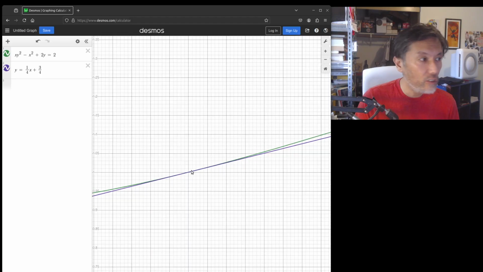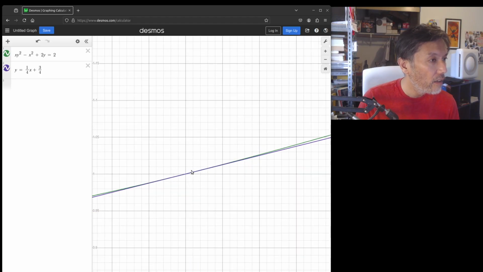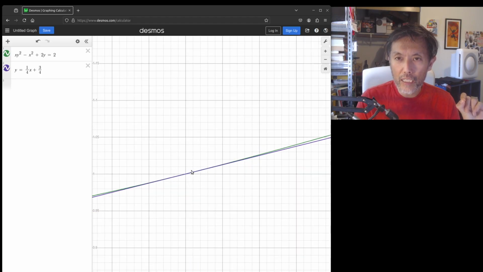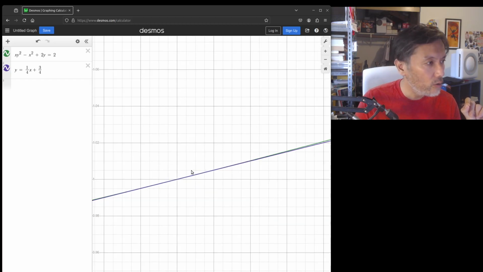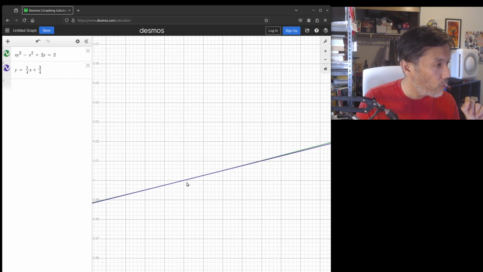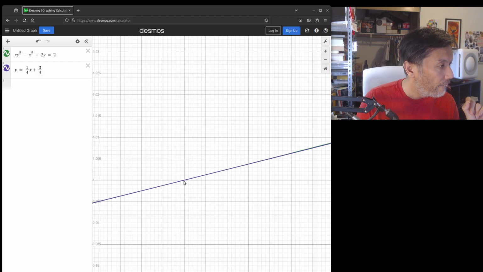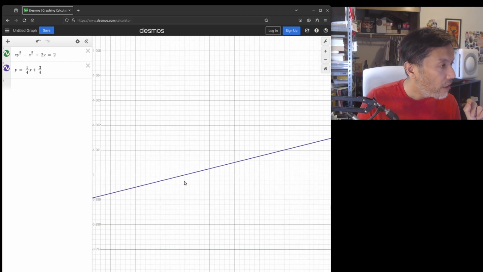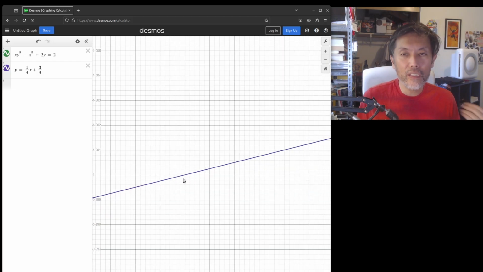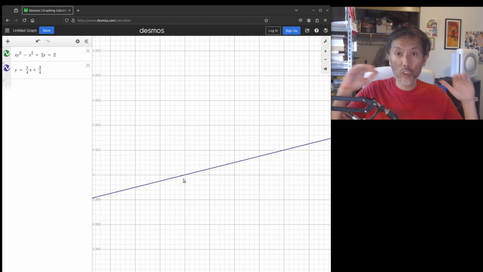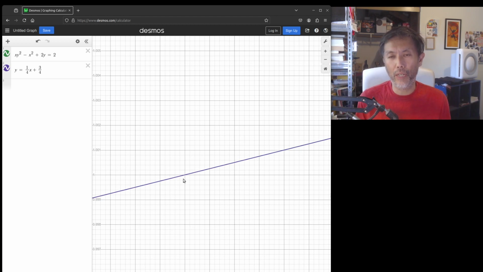And if we zoom in a lot, that difference will more or less vanish, to the point where now we can't even see the green curve because it is so well approximated by the purple line, okay?